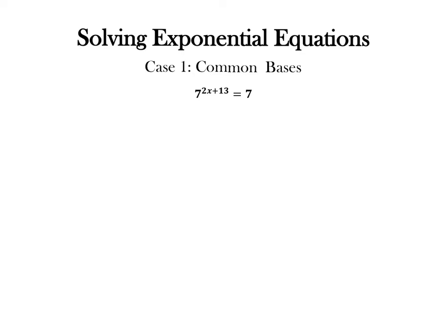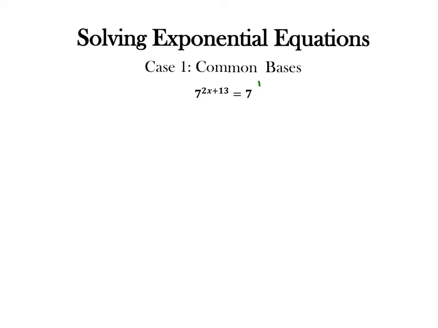So this first case is called common bases. This is where you have two exponent equations and they have the same base. Notice how we have 7 to the 2x plus 13, and technically here we have 7 to the 1 power. Because the bases are the same, we can then assume that the value of the exponents are also the same. Similar to logs, right?